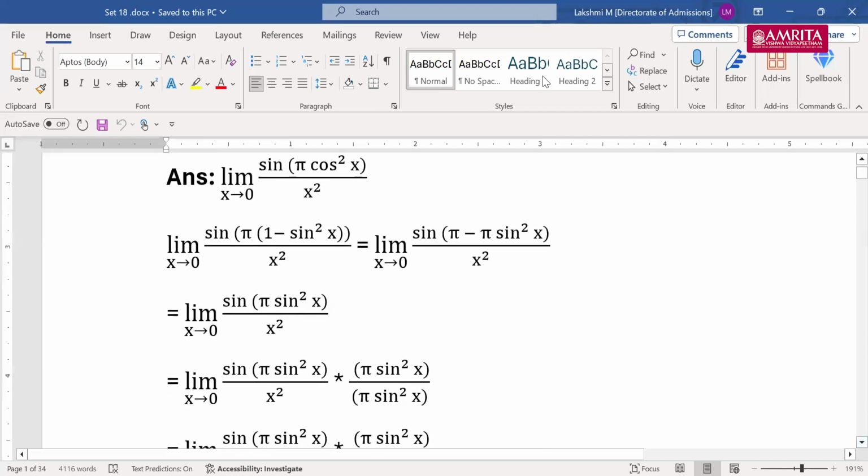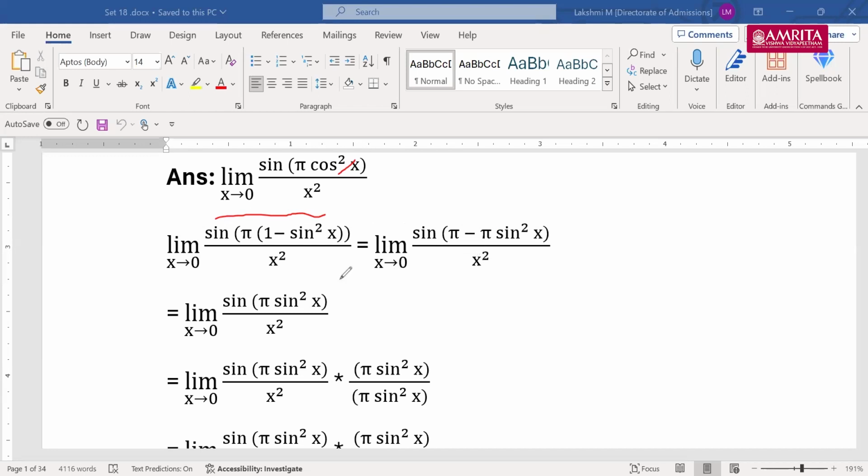The same way we used to repeat it whenever we are solving a question. This is what is given. Maybe you can change the sine into a cos term or the cos into a sine term. It's easy because we have the formula with sine. So I'm just going to change this cos square as 1 minus sine square. So this will be limit x tends to 0, sine of pi minus pi into sine square x, divided by x square.